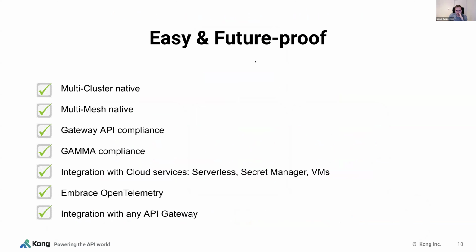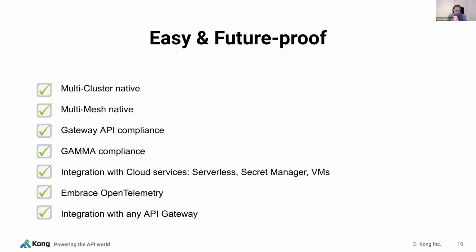Now, with this architecture in mind, like I said, we are multi-cluster native. We support multi-mesh architecture, so multiple virtual meshes. Our built-in mesh gateway is Gateway API compliant. So with Kong Mesh, you can spin up an Envoy-based API gateway for north-south traffic, and we can use Gateway API for this.